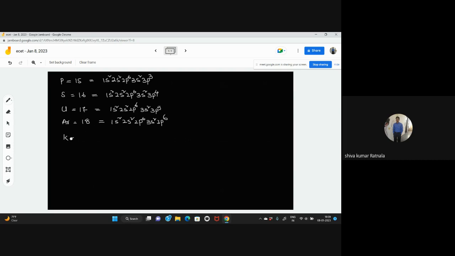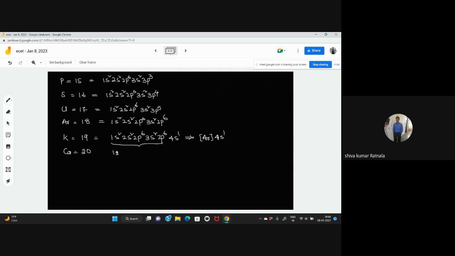Next potassium, that is 19. 1s2, 2s2, 2p6, 3s2, 3p6, after 3p comes 4s1. Next calcium 20. How do we write this now generally? Up to this 18 electrons, right? So that we can write as argon core 4s1.